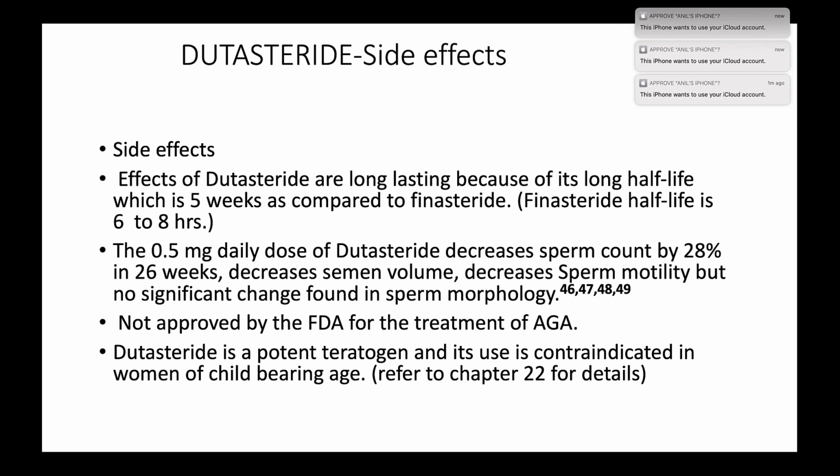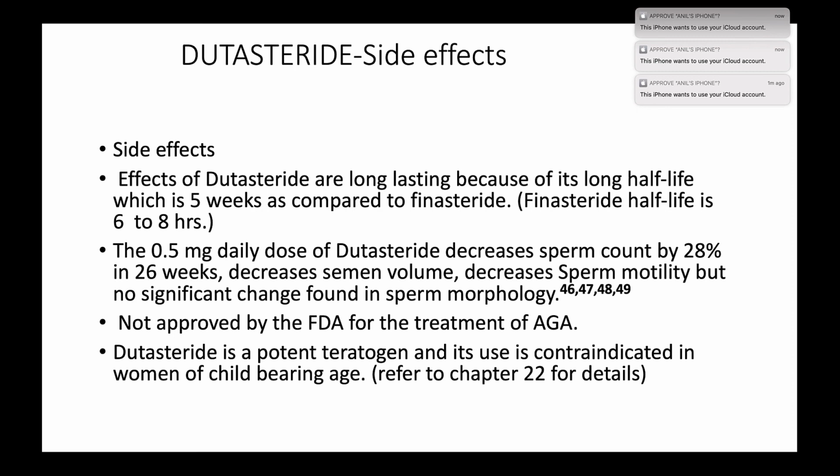So 0.5 milligram daily dose of dutasteride decreases the sperm count by 28% in 26 weeks, decreases the semen volume, decreases the sperm motility, but no significant change has been found in sperm morphology.